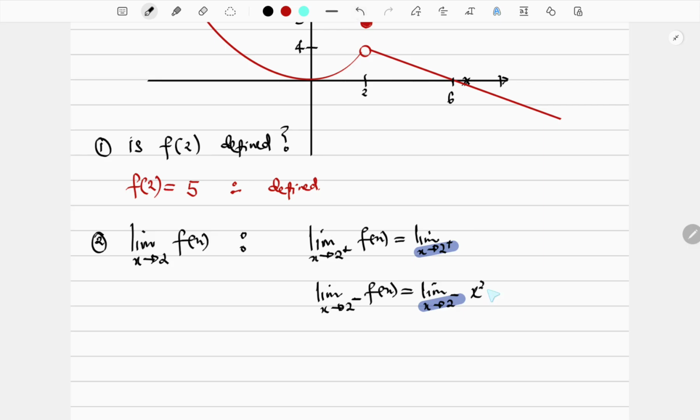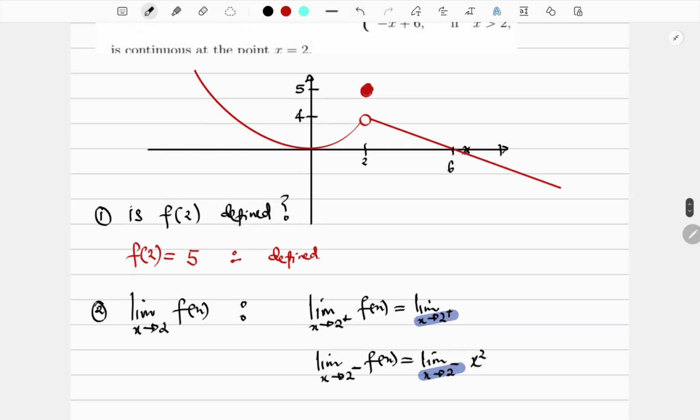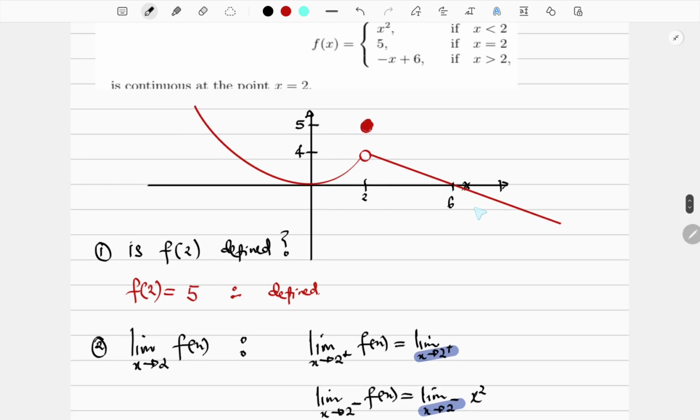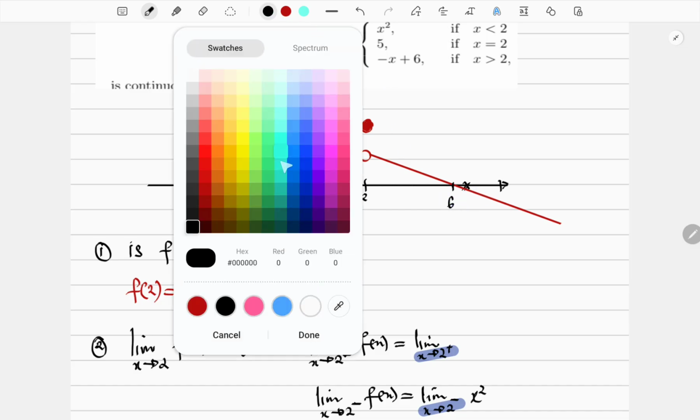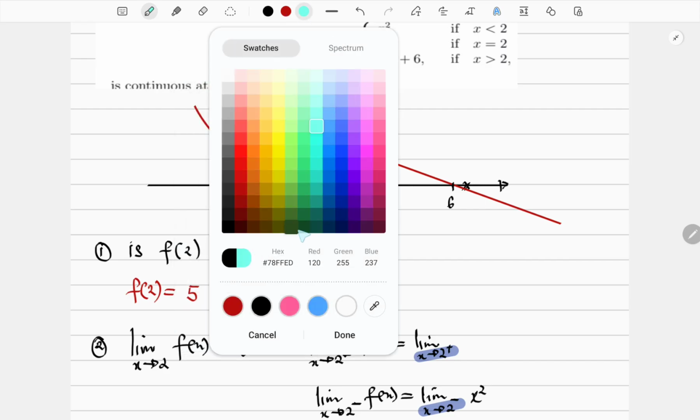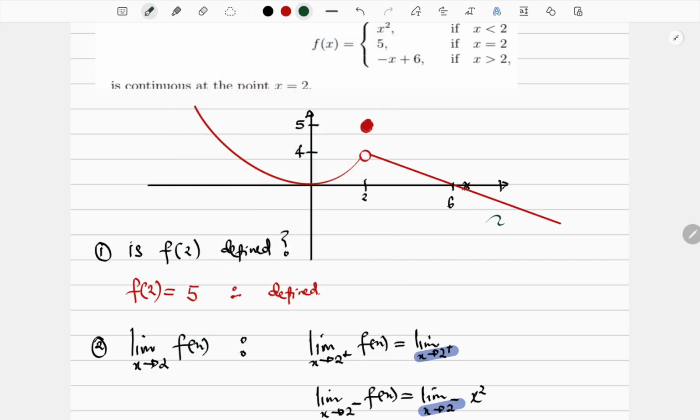X squared is for 2 from the negative, and 2 from the positive. Now we are coming from this line here, which is from the positive. Let me just put some little arrows for clarity's sake. So here we are approaching 2 from the positive.